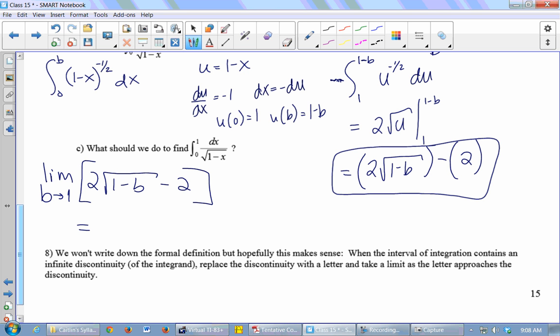What happens as b approaches 1? Yeah, so what's under the square root is going to approach 0, right? You're going to end up with 1 minus 1. And 2 times 0 is 0, and 0 minus 2 is negative 2.